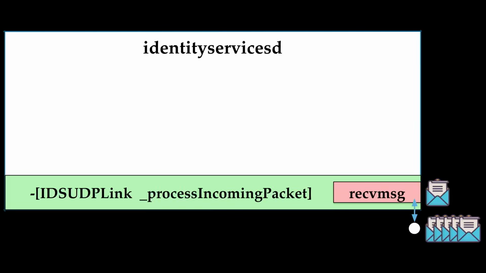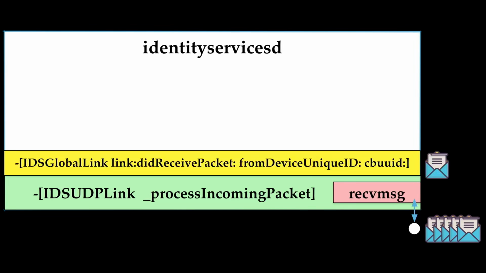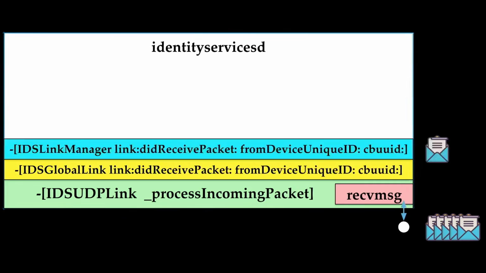IDSUDPLink processIncomingPackets will call receiveMessage to get data from the UDP socket, and then the packet will be passed to IDSGlobalLink.